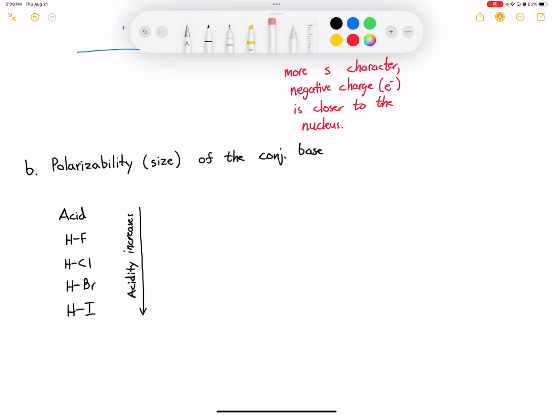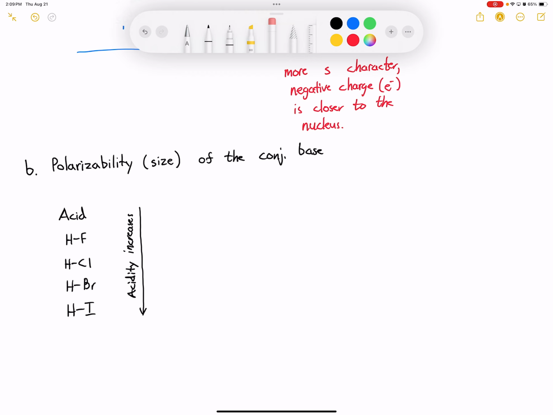Which one of these conjugate bases is the largest? F, Cl, bromine, or iodine? Iodine. It has a humongous shape. And it comes back to what I talked about: if you have a bigger size, the electrons in the conjugate base are more stabilized, so it becomes a stronger acid.